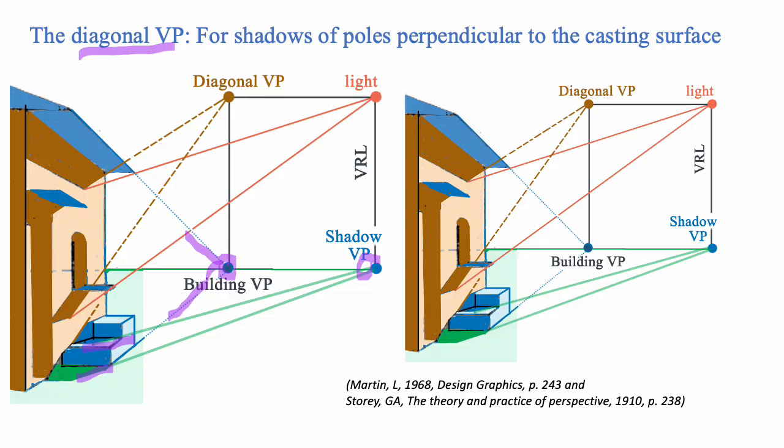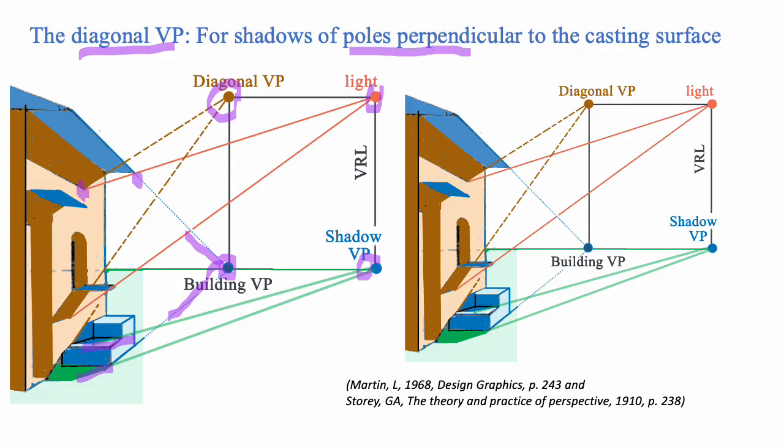The light vanishing point connects objects to their shadow, like the tip of the roof here to the shadow on the wall. And then the diagonal vanishing point is for shadows cast on the wall by poles perpendicular to the casting surface.